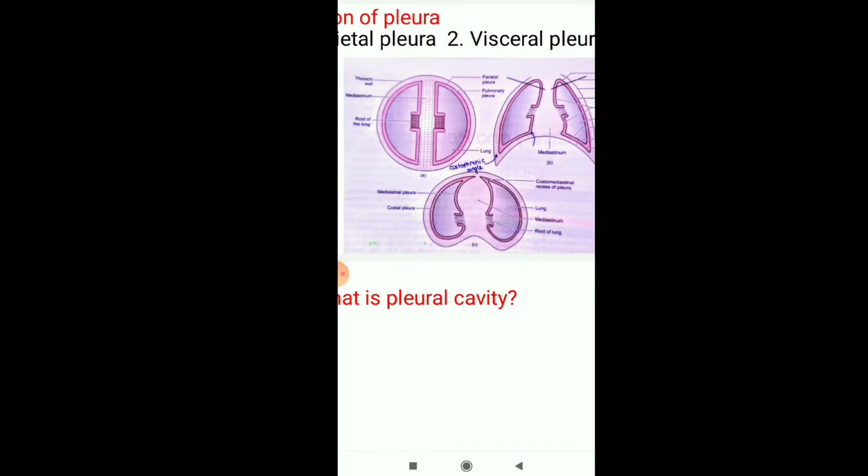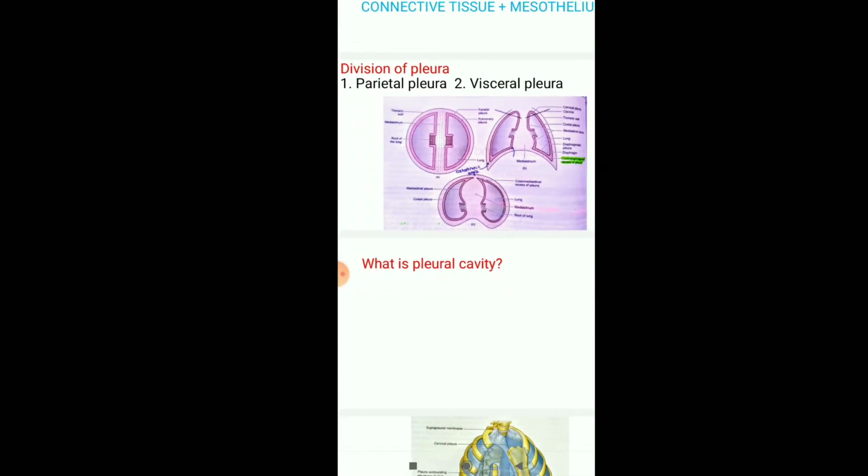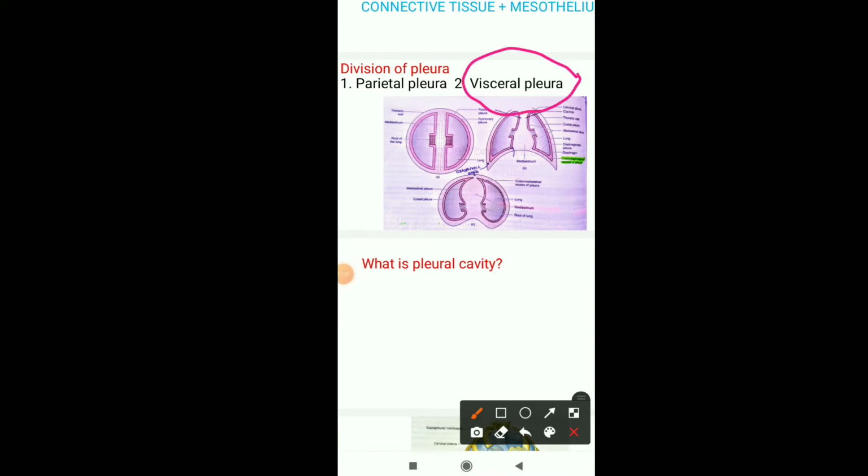In our next slide we will extensively cover all the different divisions of parietal pleura, but you should know one thing, and I am going to tell you in this slide only: the visceral pleura is continuous all along the surfaces and margins of the lung, except at the hilum of the lung and the pulmonary ligament.